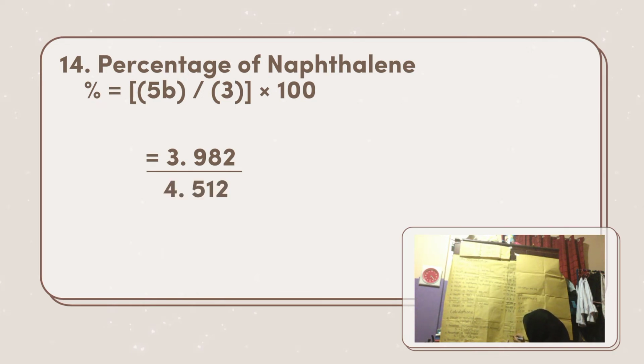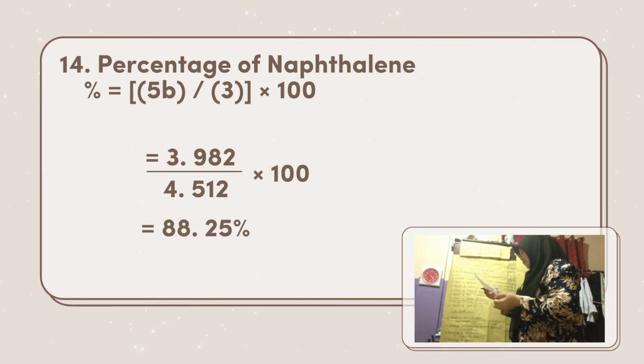Same process also for naphthalene: 3.982 grams divided by number 3, 4.512 grams, times 100 equals 88.25%.